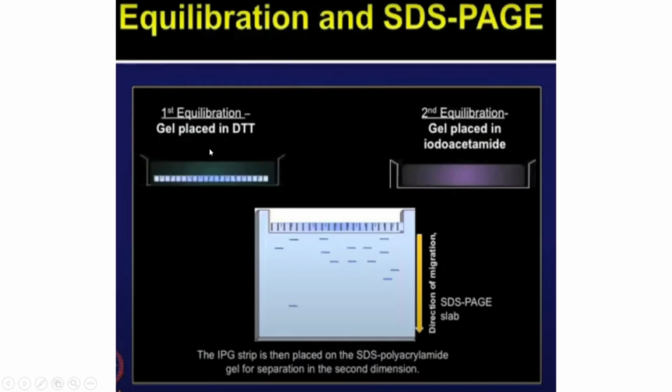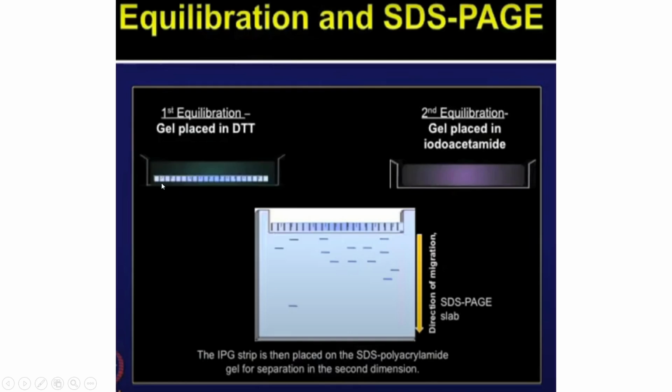We covered how DTT and iodoacetamide affect the sample in our third week lecture. If you missed that lecture, I have added the recording on YouTube, so you can watch it to clear your concepts of two-dimensional electrophoresis.